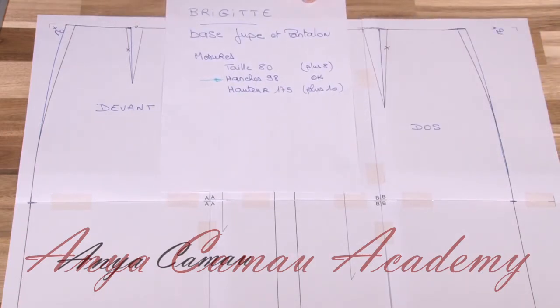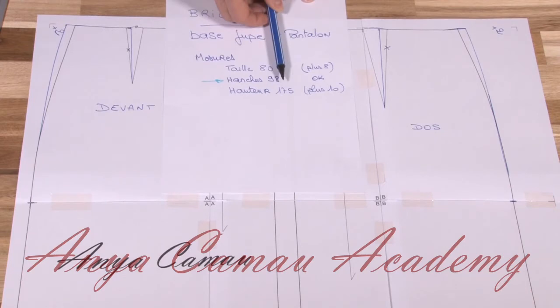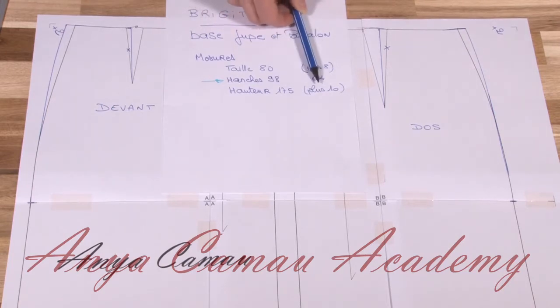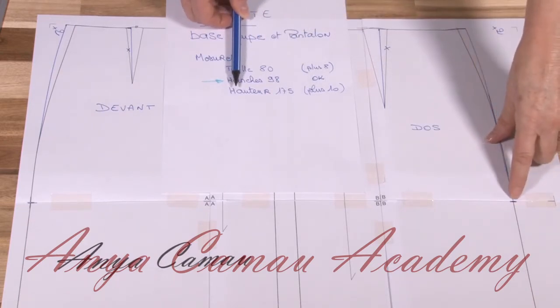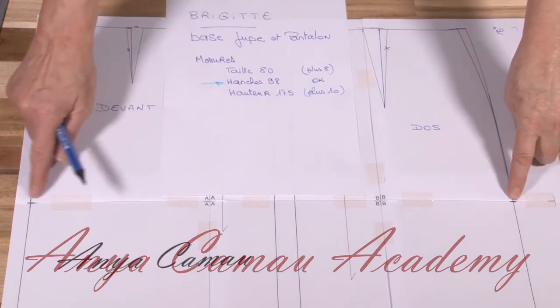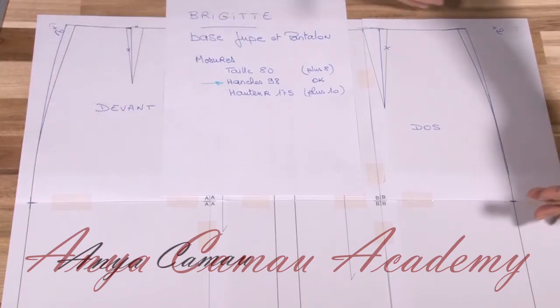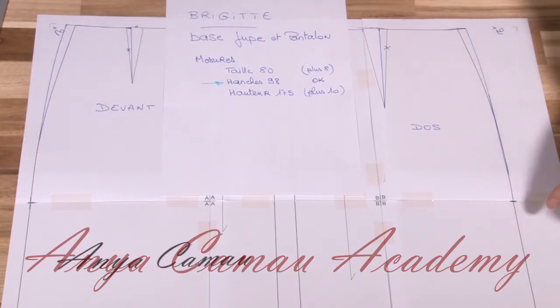Brigitte told me that her total height is 1.75 meters, while my size table takes into account a statistical average height of 1.65 meters. So we're 10 cm above it. There's therefore a good chance that Brigitte's hips height will be longer. That is, the distance between her waist and her hips is longer.